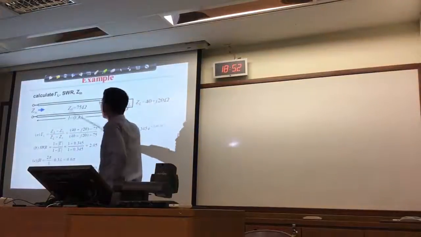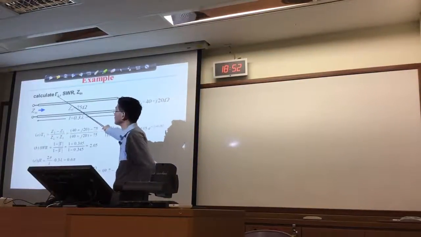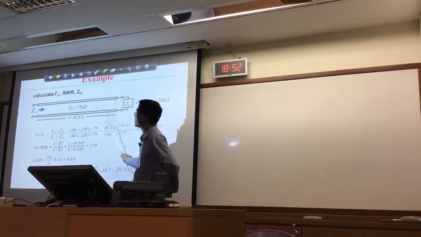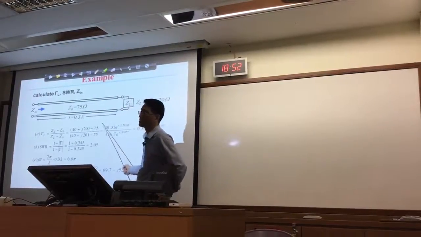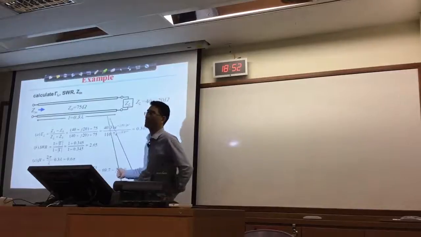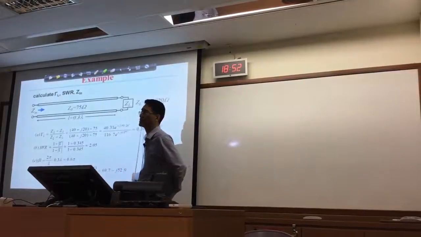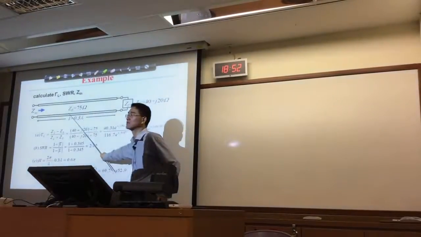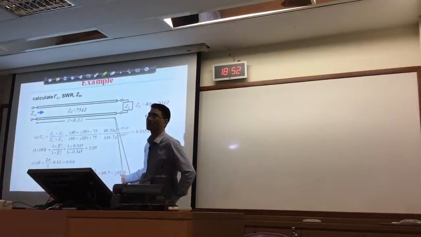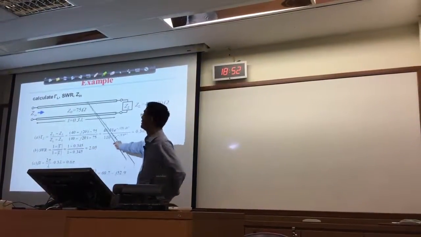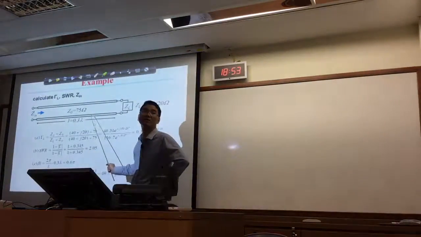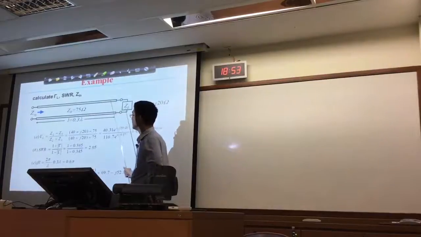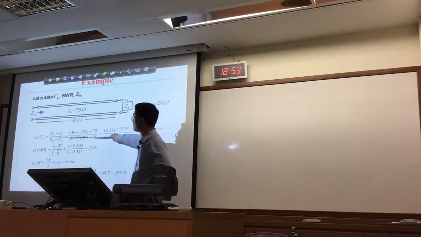Then you calculate the reflection coefficient at this location, and the SWR along the transmission line. Actually the SWR is the same at this location and any location if it is a lossless transmission line. And the input impedance looking to the right-hand side is quite straightforward.